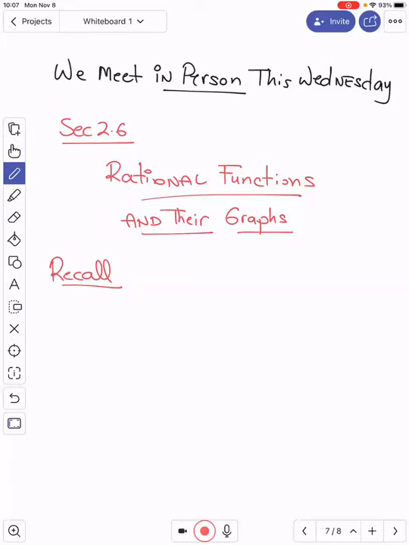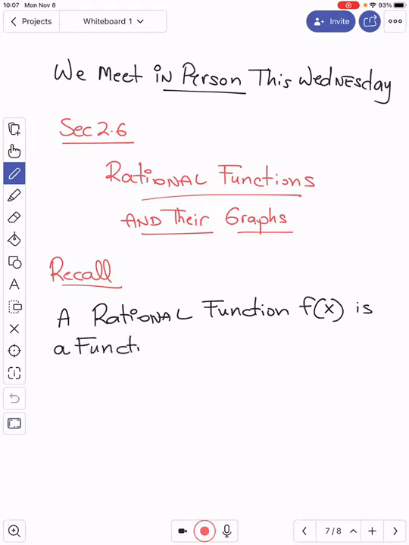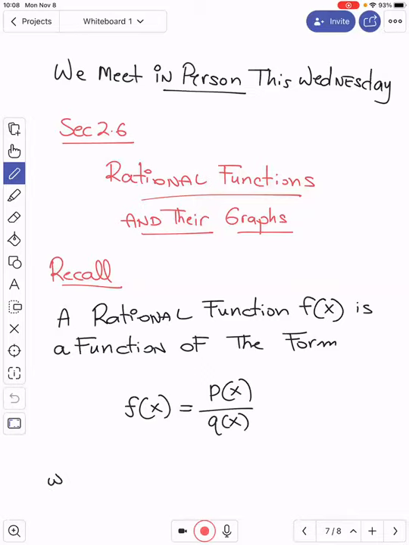So a rational function f of x is a function of the form p of x over q of x, where p of x and q of x are polynomials.